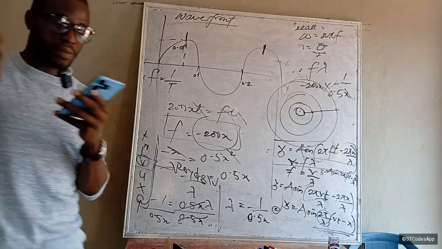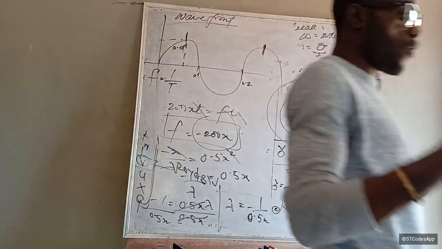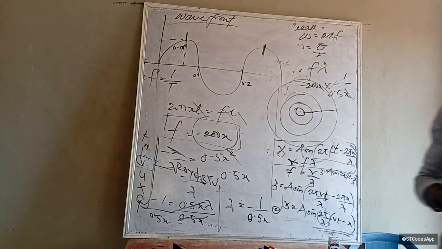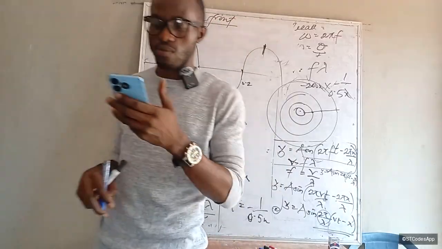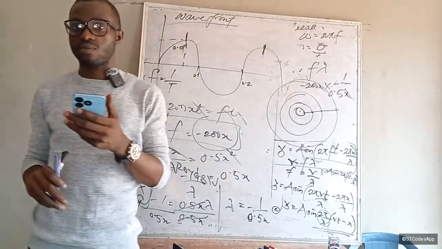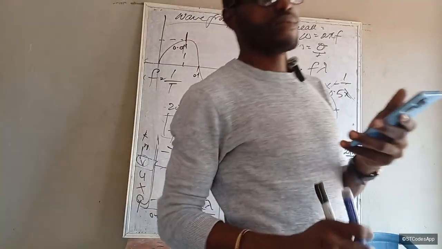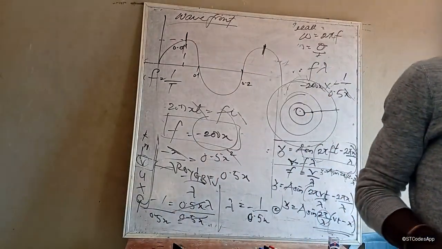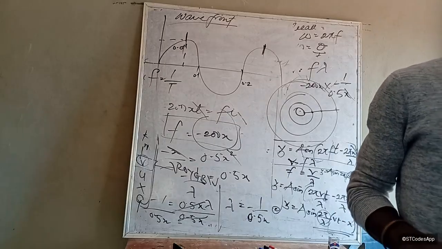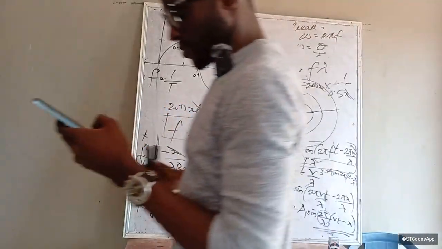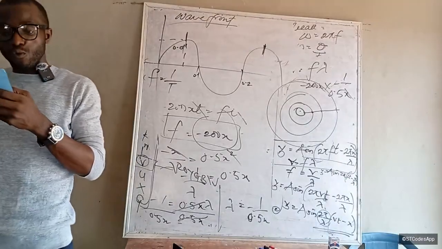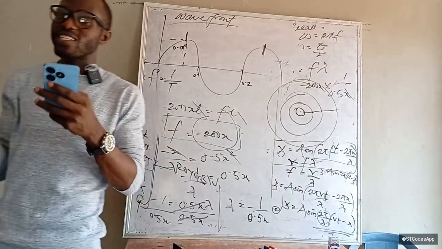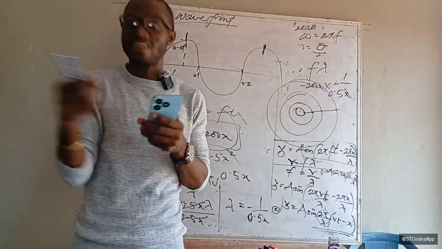Ripples on water are similar to light waves in that they both what? Ripples. What's the relationship between light wave and water wave?